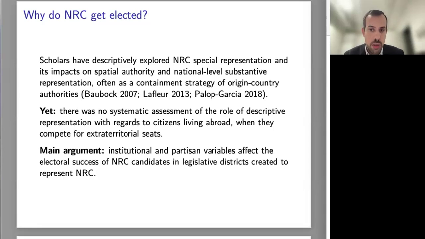Yet there was no systematic evaluation of the role of descriptive representation with regard to citizens living abroad when they compete for extraterritorial seats.